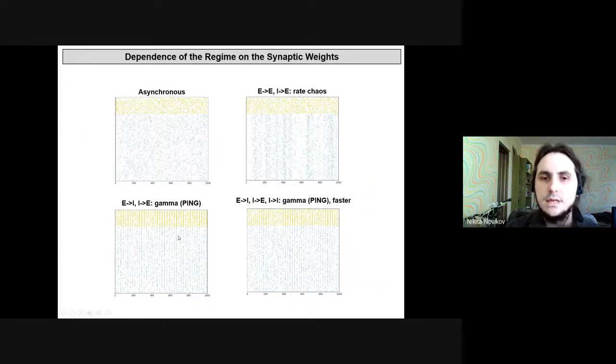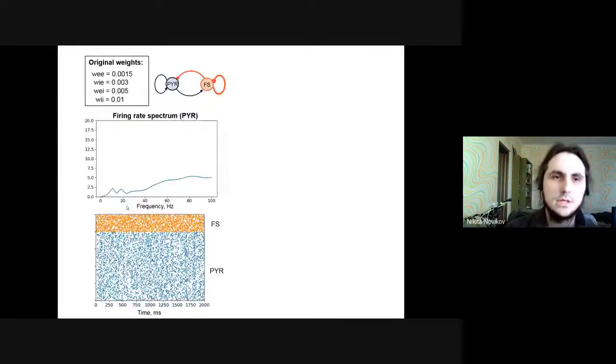And here is the basic picture of the possible regimes of an excitatory-inhibitory network. What we need is basically this one: gamma rhythm. To achieve it, the most important connections are from excitatory to inhibitory and from inhibitory to excitatory.